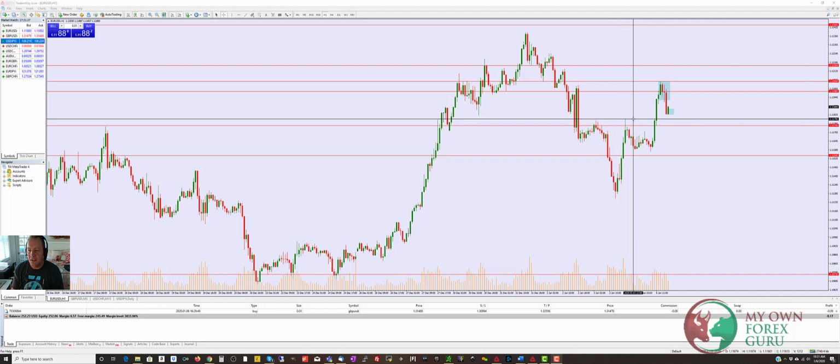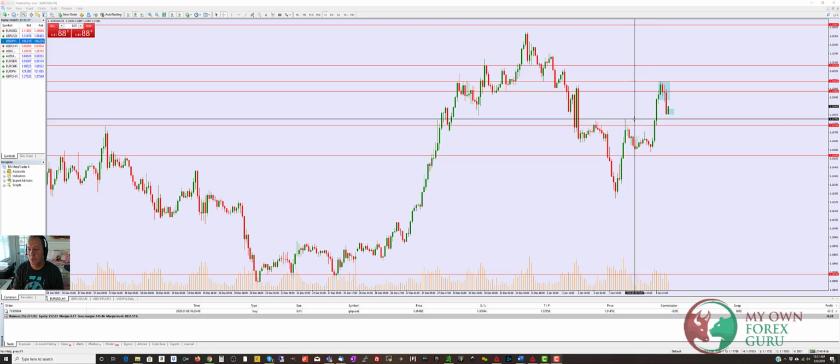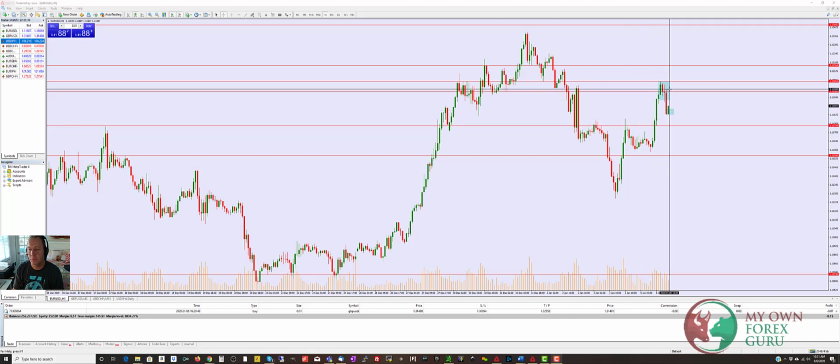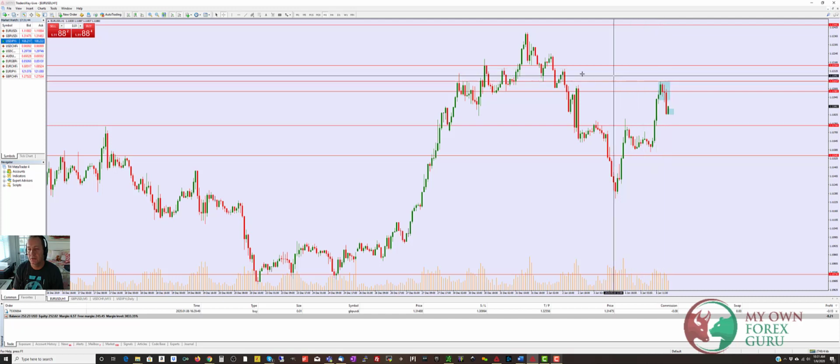And what we can see here is we would expect price to come down into this area that it broke through. It broke through the resistance, now new support, tested the support, went back up, and then as it comes back up here, we know there's a consolidation area here.